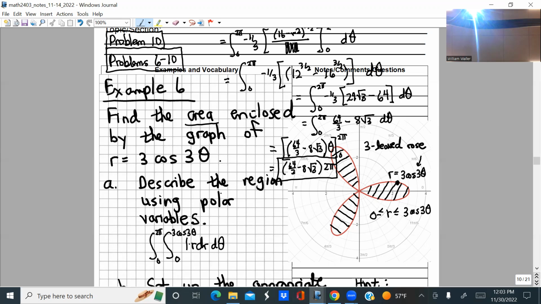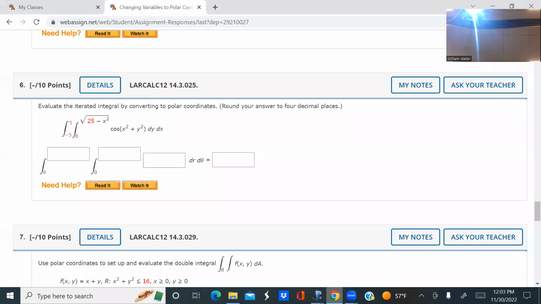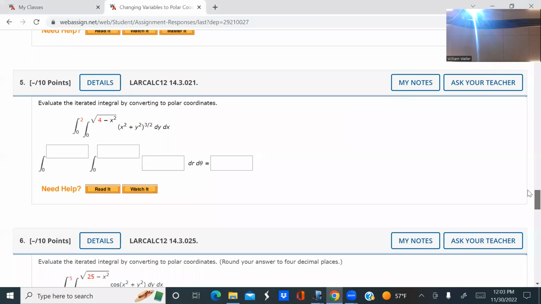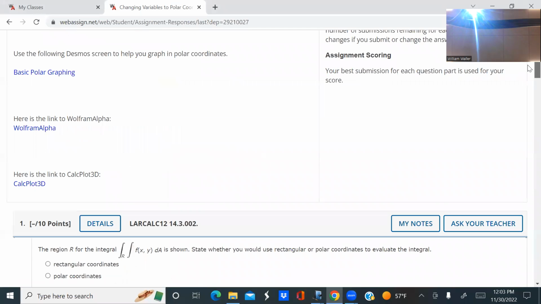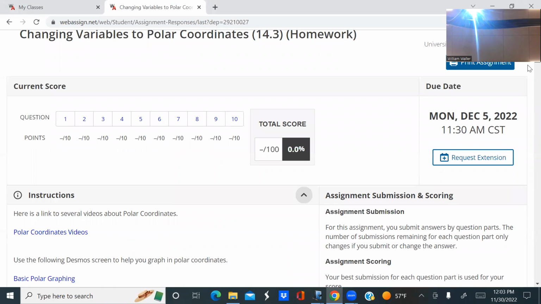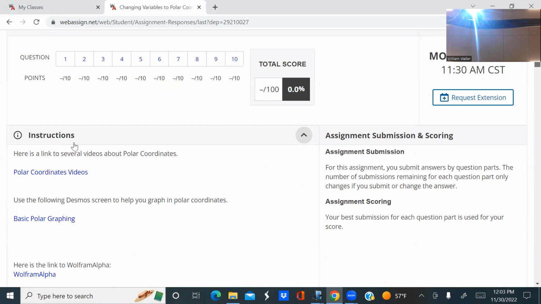So in your homework, let me switch back to the homework. I have given you a tool for doing polar graphing, and you may want to make use of this tool. There's the link for basic polar graphing.